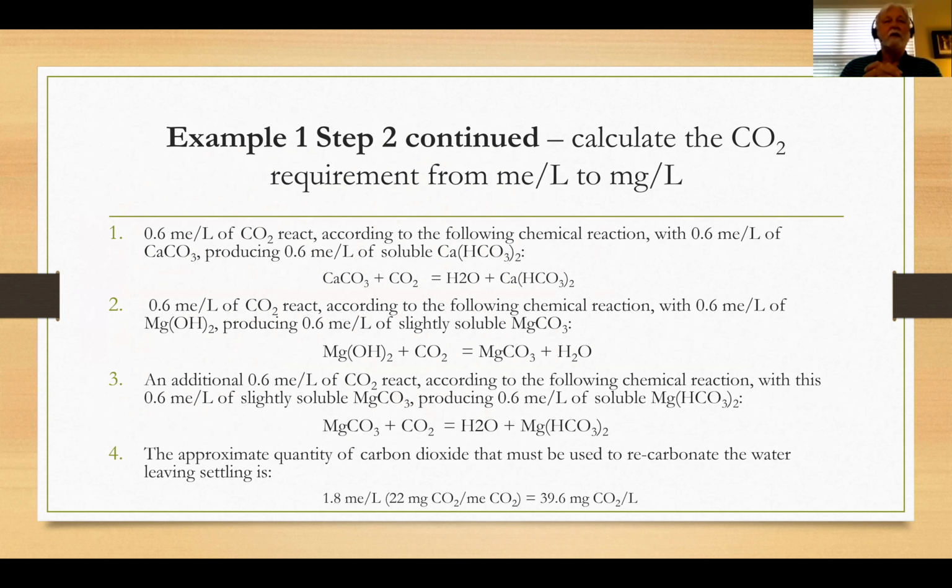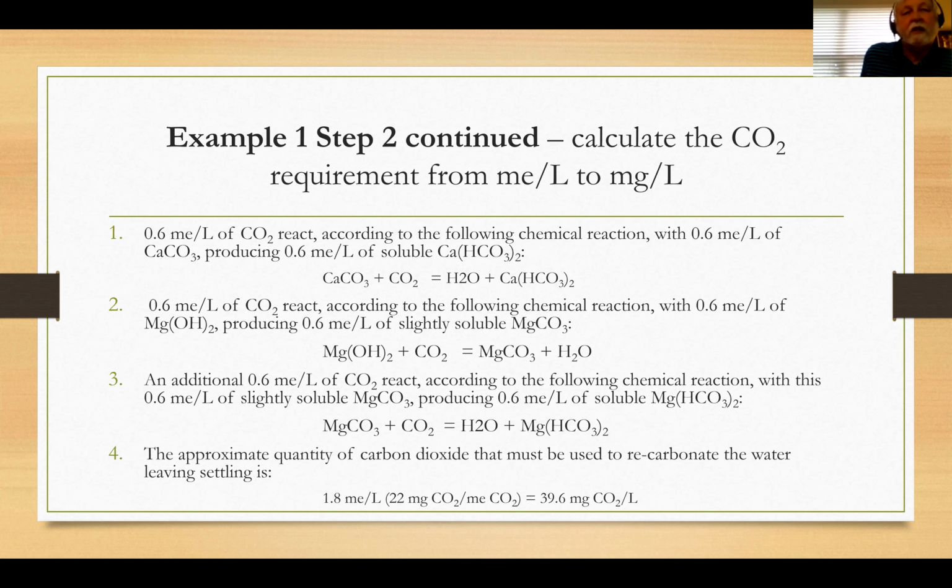And we've got 0.6 milliequivalents, as I said, of CO2 reacts with the calcium carbonate. We've got equation 2 there. You see we can create magnesium carbonate, so we have to go to equation 3 and add another CO2 to create magnesium bicarbonate, so we don't precipitate magnesium on our filters.